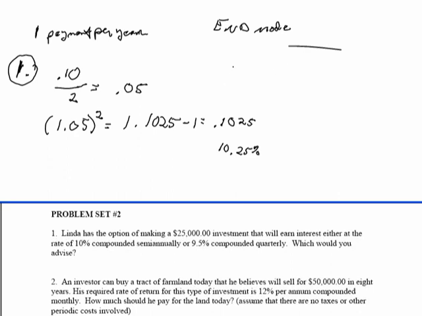And let's compare that to the second investment choice of 9.5%, or 0.095. Compounded, what do we have here? Quarterly. So I'm going to divide that by 4. And that equals 0.0238. And what I'm going to do is calculate the compounded annual rate.